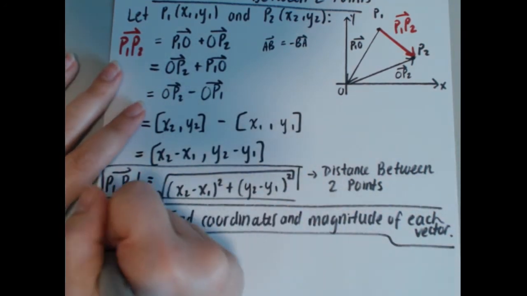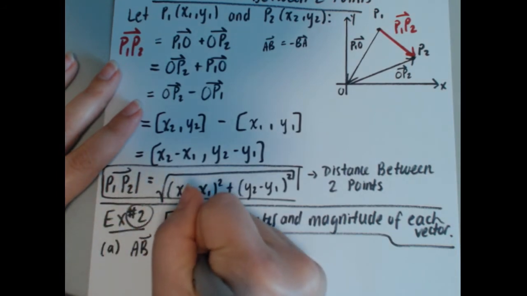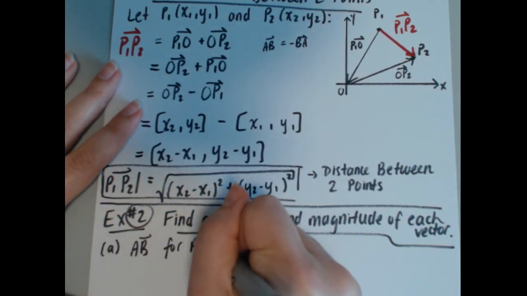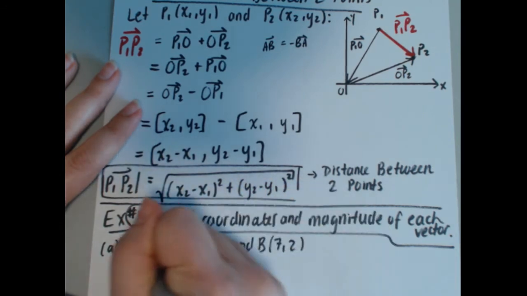All right, so for part A, we want to find the magnitude of AB. The point A is at (1, 3), and point B is at (7, 2).